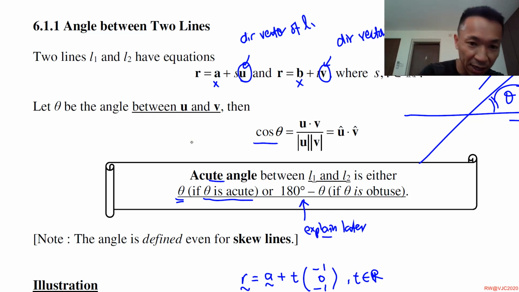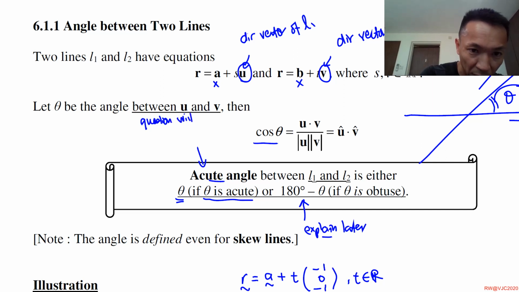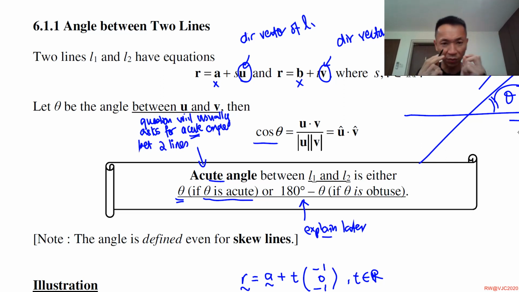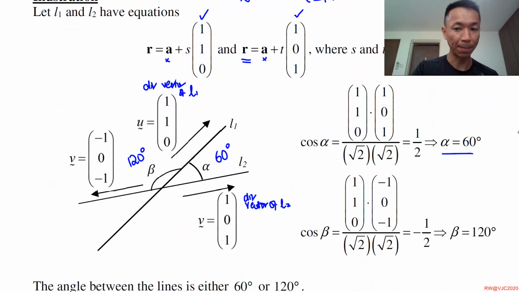And I must say that the question will almost 100% ask for the acute angle between two lines. So you always have to follow this idea. All good? Yeah. Next.